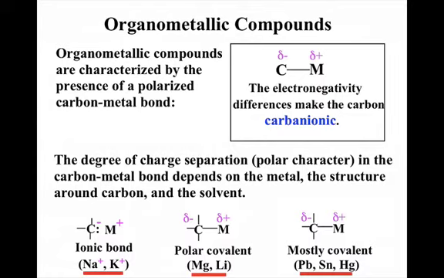If the metal is sodium or potassium, it's truly an ionic bond. So that sodium alkanide that we looked at on the previous slide was actually sodium plus HC minus. I mean, that's what it was. It was an actual ionic compound. These are polar covalent. And then if you have organometallics that have lead, tin, or mercury associated with them, those are truly covalent bonds. They're not polarized very much.